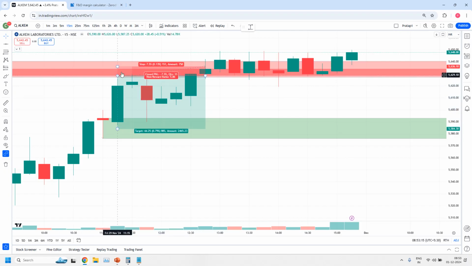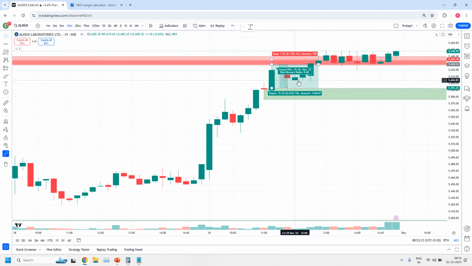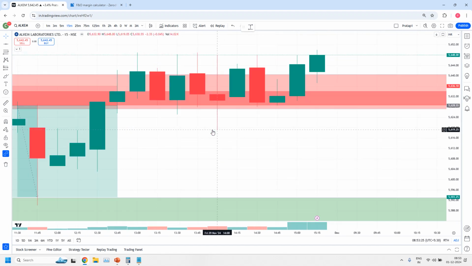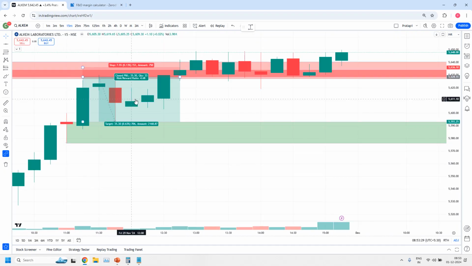So this is our entry, this is our stop loss, and our target should be here. It has given you 1:4.68. That means 4.5 RR it has given.